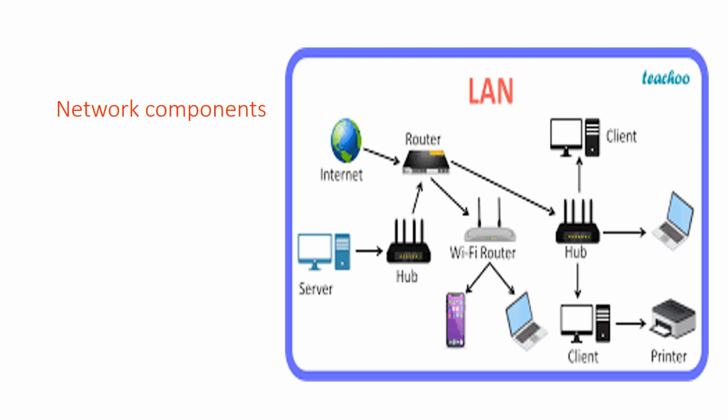We've seen what a router is, we've seen what a hub is, we have a server here, we have the internet, we have a printer, we have one client here, and you can see we have another client here. So what is going on here is the exchange of information.